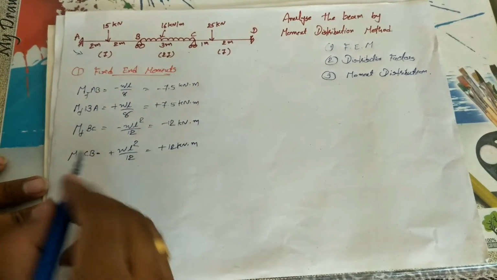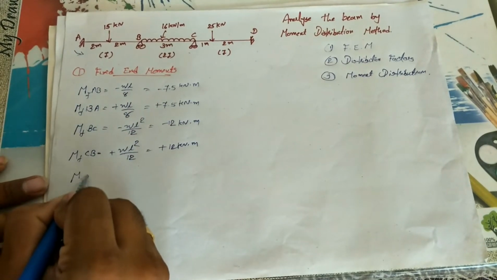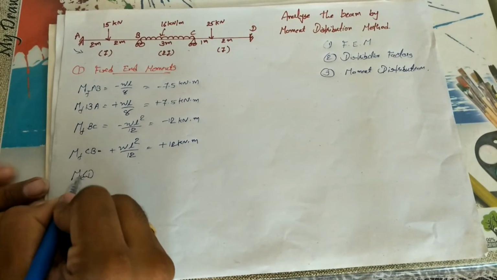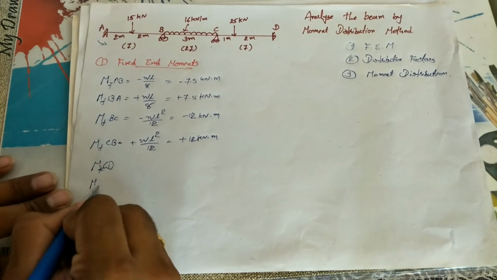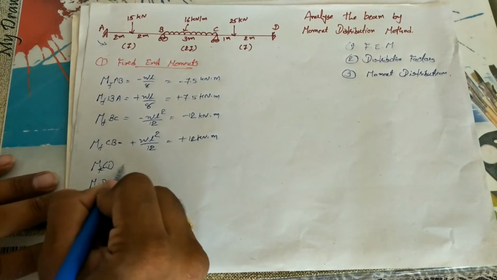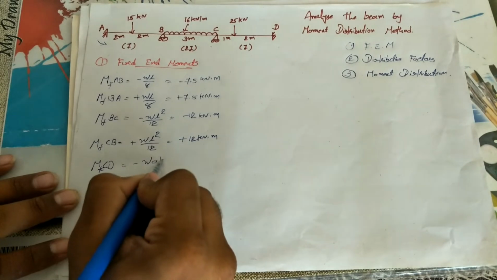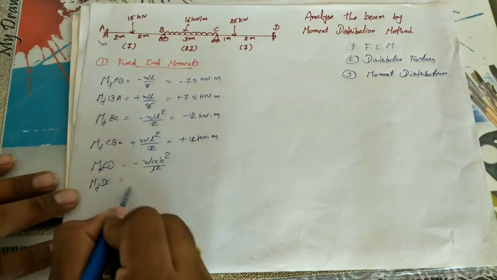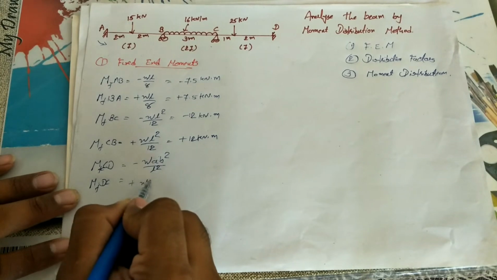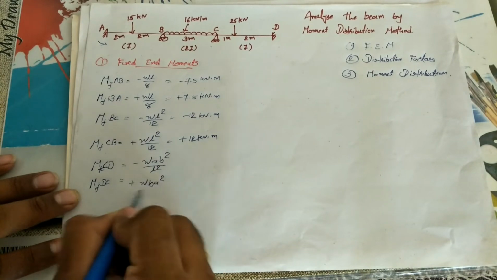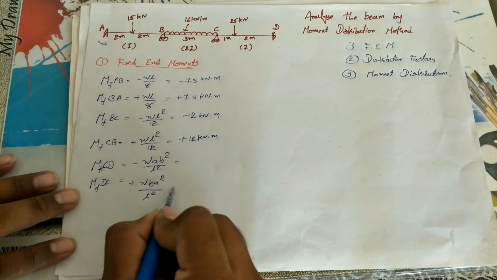This is the CD span with eccentric load. So MF C to D and MF D to C. This is minus W A B square by L square, and this is plus W B A square by L square.